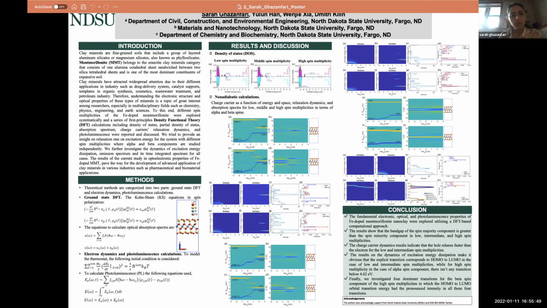For the results part, you can see at the top the plots of the density of states for different spin multiplicities: low, middle or intermediate, and high spin multiplicities. I showed the band gap on each figure, and you can see that for the alpha spin, for example, I have a much larger band gap in comparison with the beta spin.